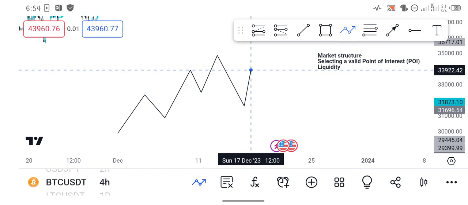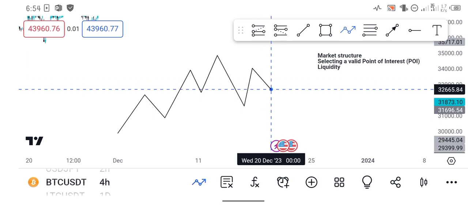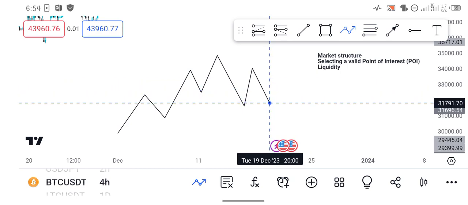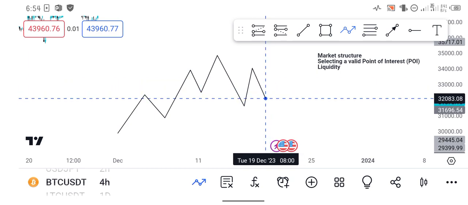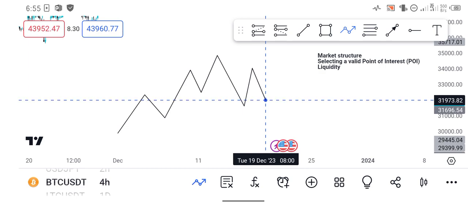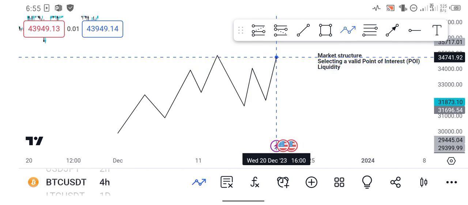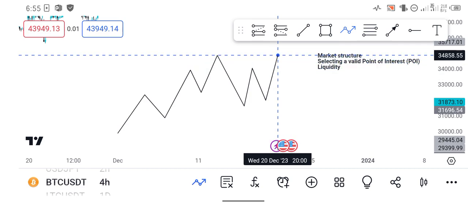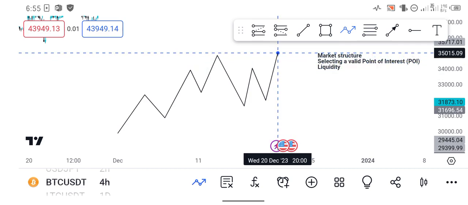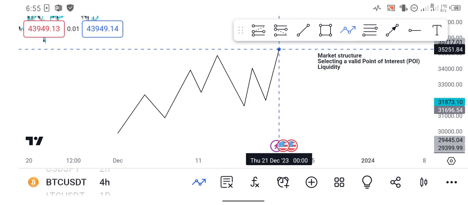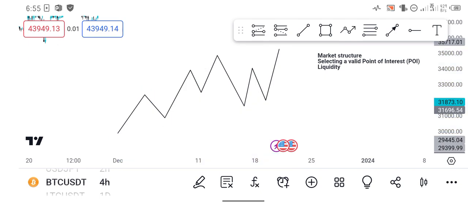It went up again, met a supply level, came down here, didn't change character, and then boom, it's heading to our target. Hopefully it breaks a bit and goes past our target. So this was just price doing its thing.